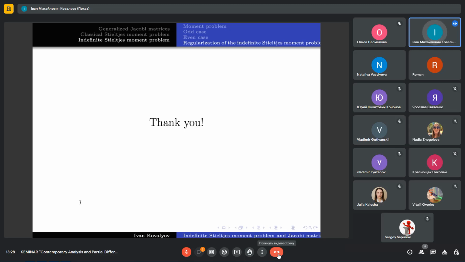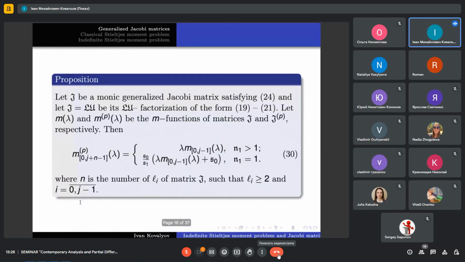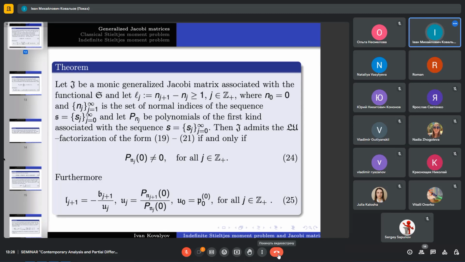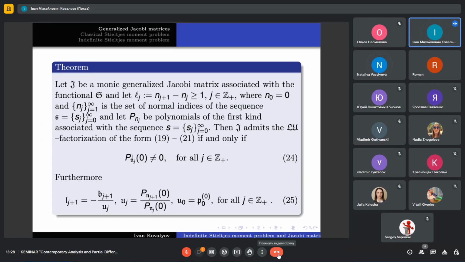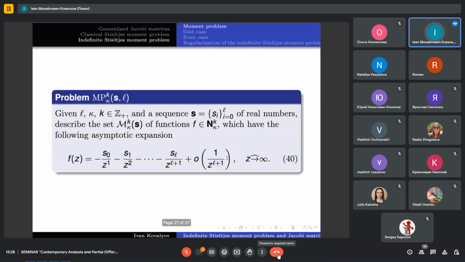And for example, this is a theorem about the Darboux transformation of Jacobi matrices. This condition is the main one, because of course if 24 holds, then the matrix J admits an LU factorization, and this condition says that the sequence S is regular.